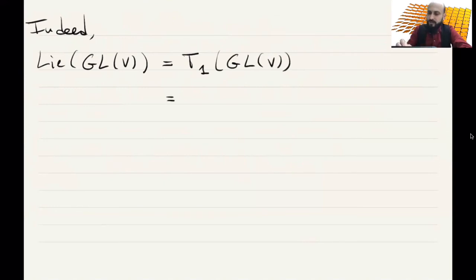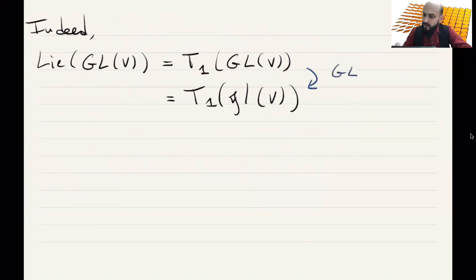Now, the tangent at the identity of this group, since this group is an open set of all the transformations, the two spaces have the same tangent. Here I'm using the fact that GL is an open subset of small gl, just because these are those with determinant different than zero.